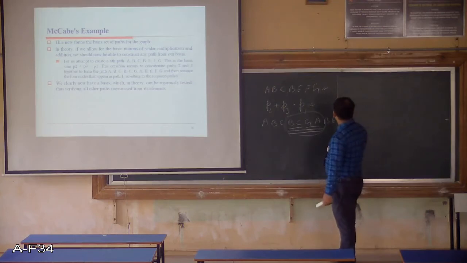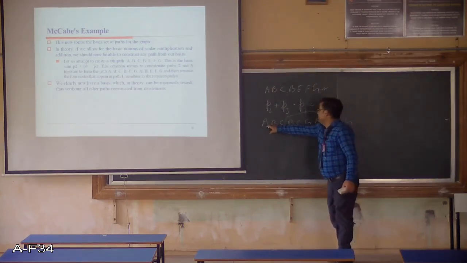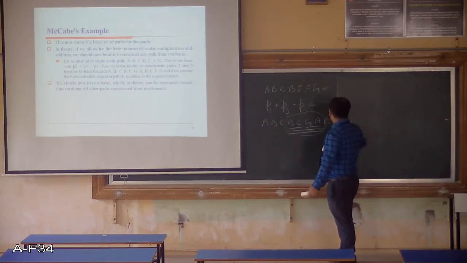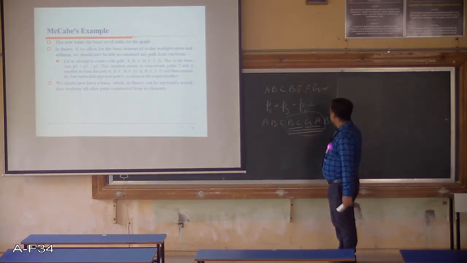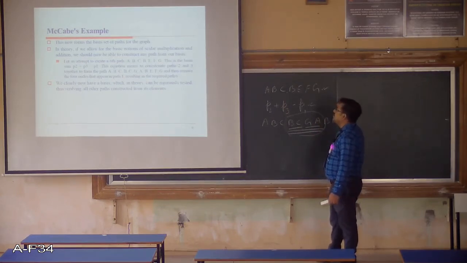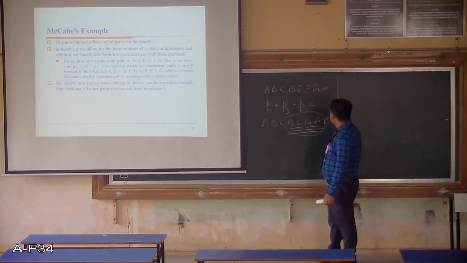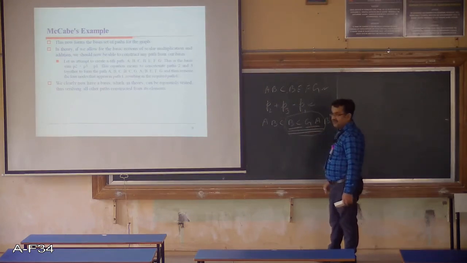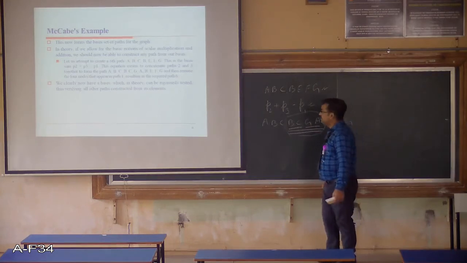Of course, this Z cannot be removed. This has to be there because this has to be source to sink. This A has to be there. This Z has to be there, right? So that way, those nodes which come in that particular minus part have to be removed. Okay.